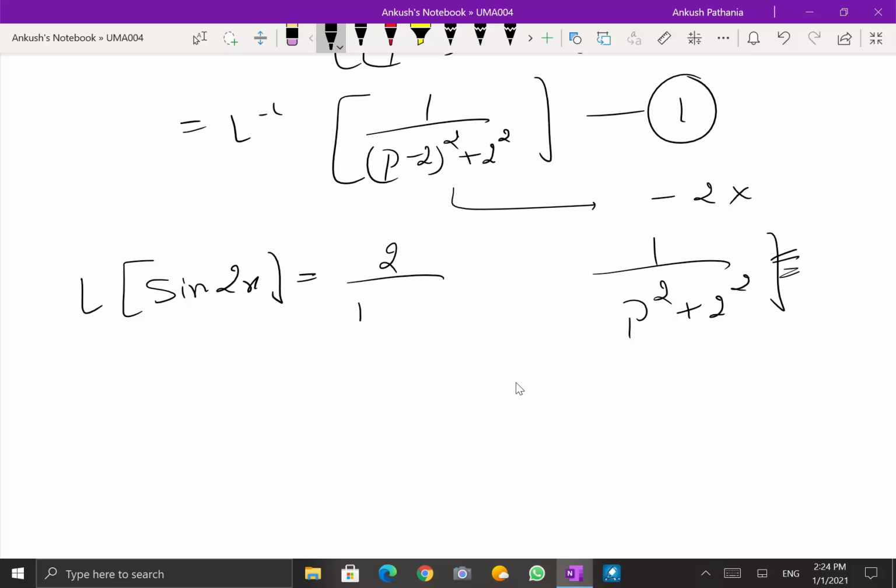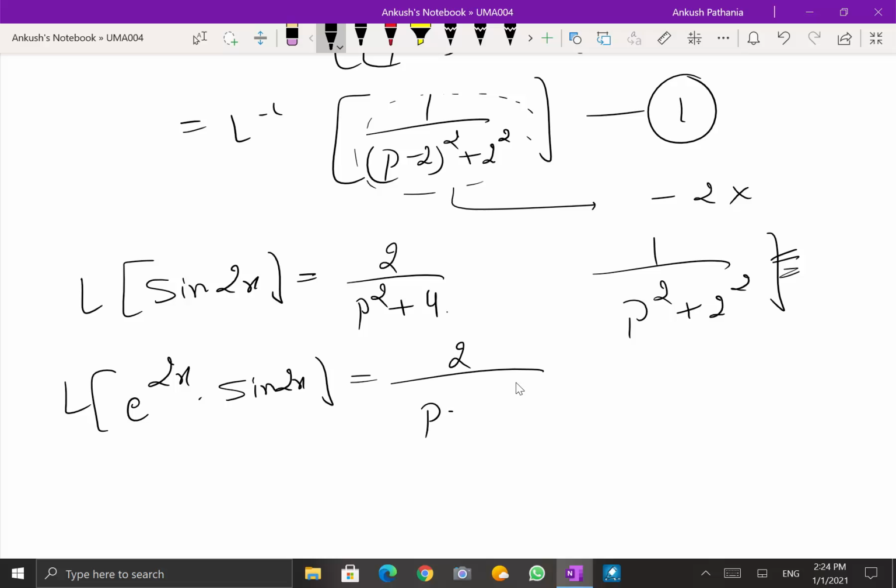So this is 2 upon p square plus 4. That is okay. And now to get this form I need to use the first shifting property: Laplace of e raised to power 2x dot sine 2x is 2 upon (p minus 2) whole square plus 4.